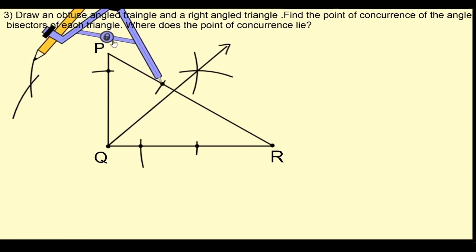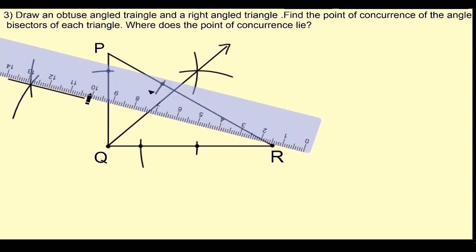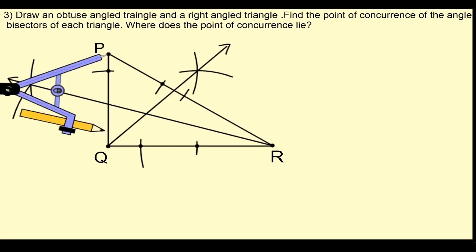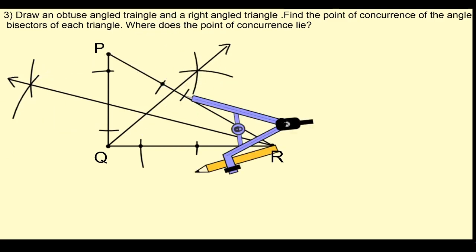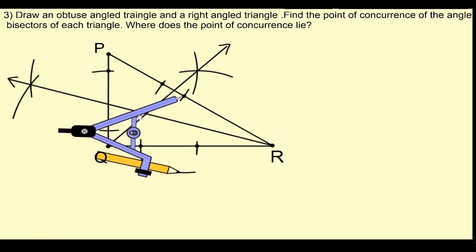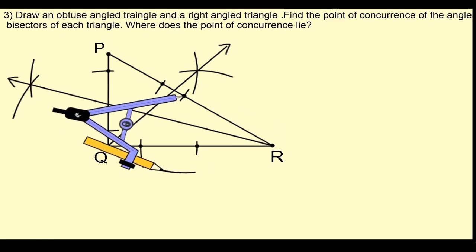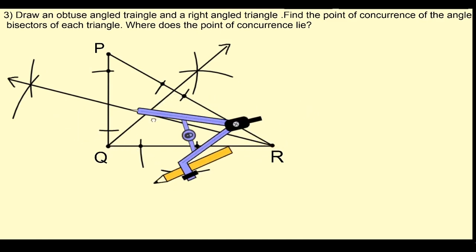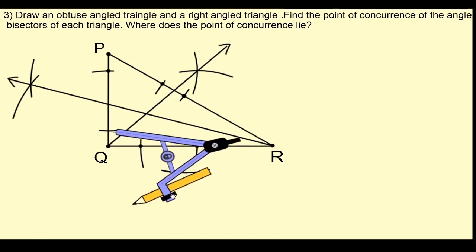Now, draw the line for the angle bisector and draw an arrow at the end of the line. After that, place the steel head of the compass on point P and draw arcs on both the sides of the triangle. Then place the head of the compass on one of the arcs and draw another arc. Similarly, place the compass on the other arc and draw another arc.